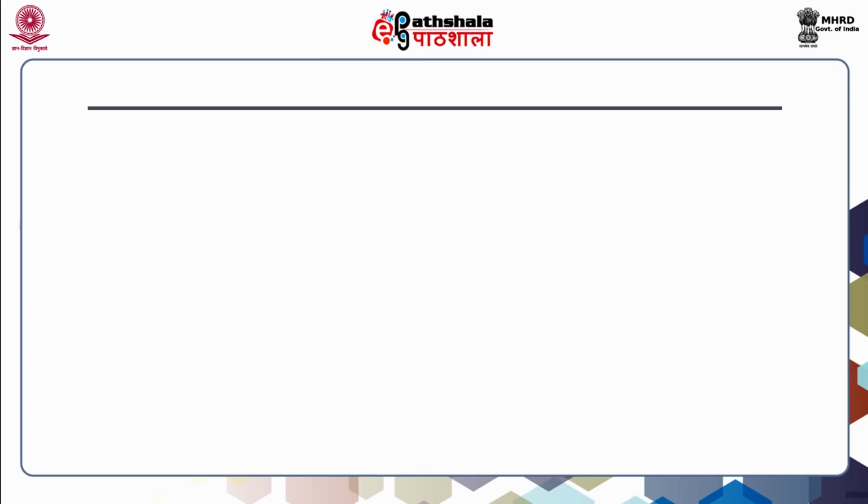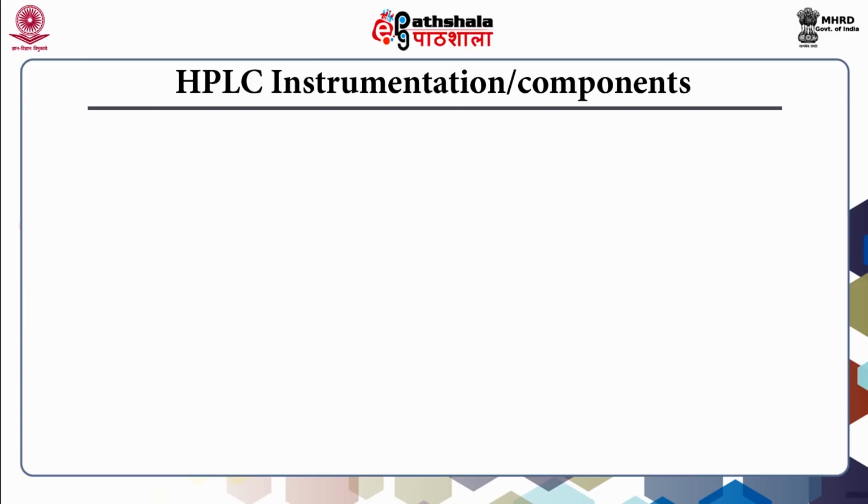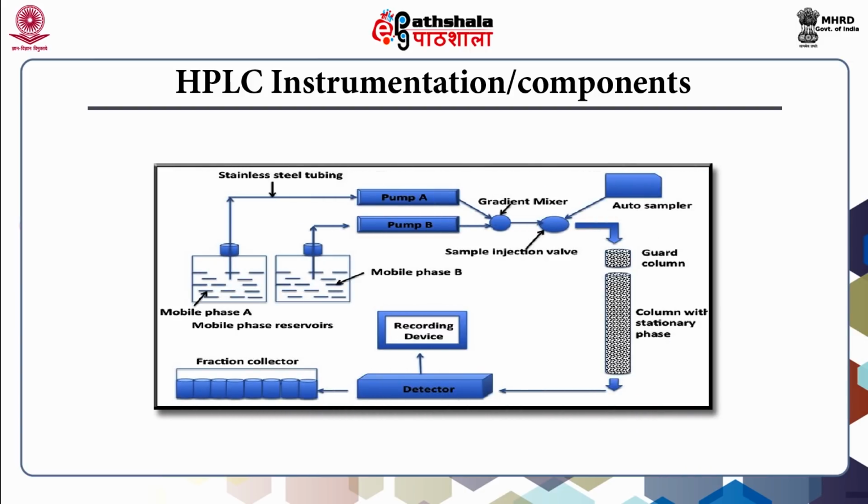In this slide we can see the HPLC instrumentation or components. In this picture we have the mobile phase reservoirs and the pumps, and also the gradient mixer to mix two kinds of mobile phases, and the sample injection valve, which can be used to inject a sample into the column. We can see a small column here that is called the guard column.